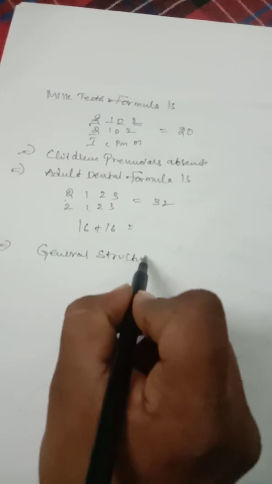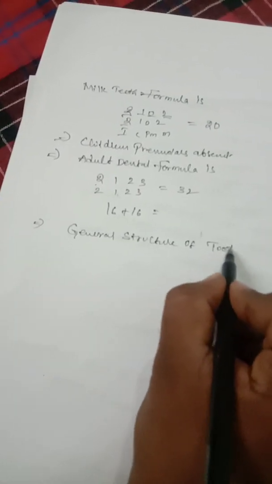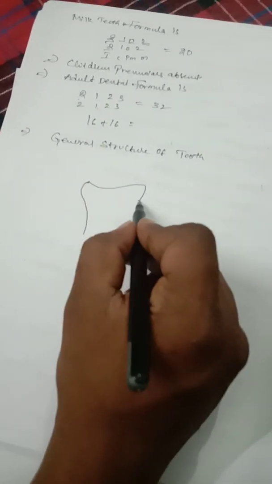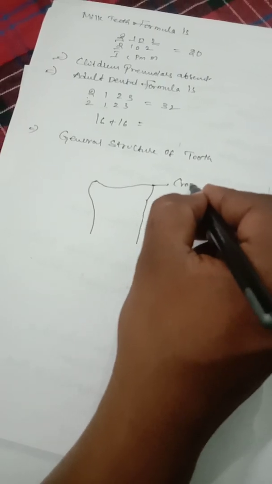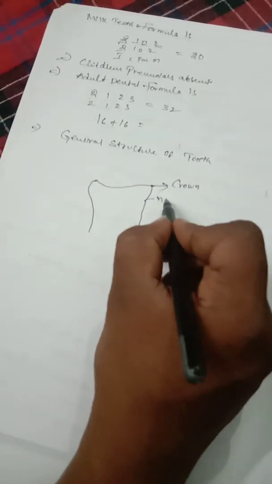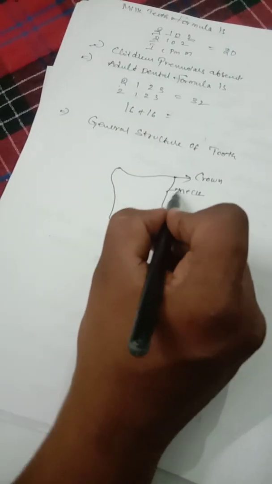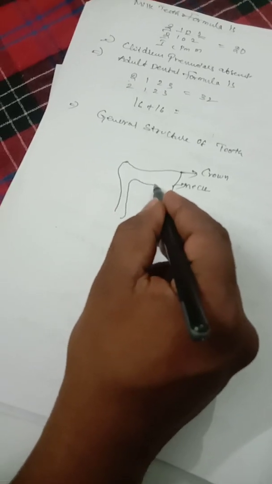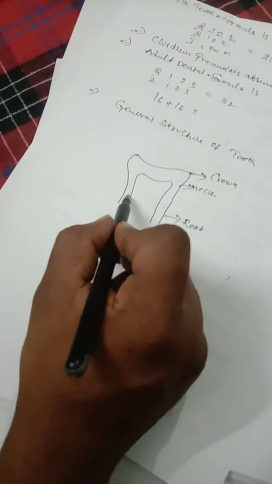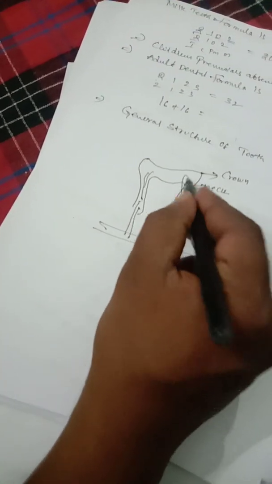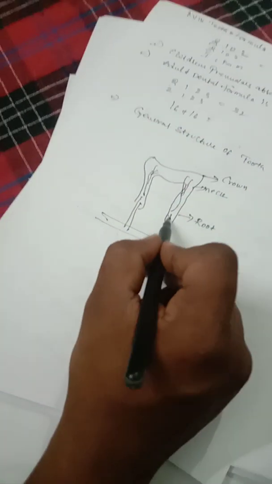General structure of a tooth. You know very well there are different parts in the tooth. The first part we call the crown, the second part the neck, and the third part the root. There are blood vessels and nerves with connections in the jaw, and the tooth is fixed in the jaw.